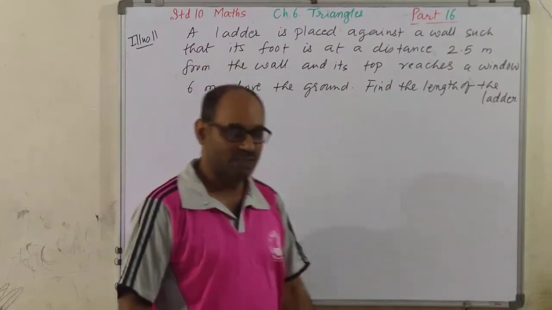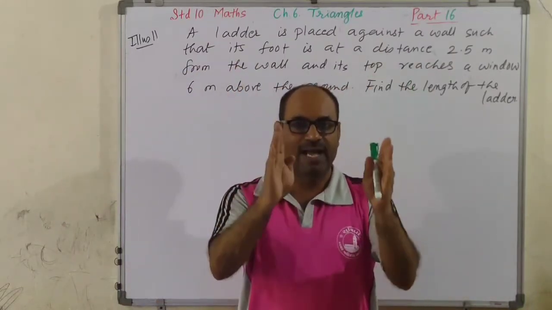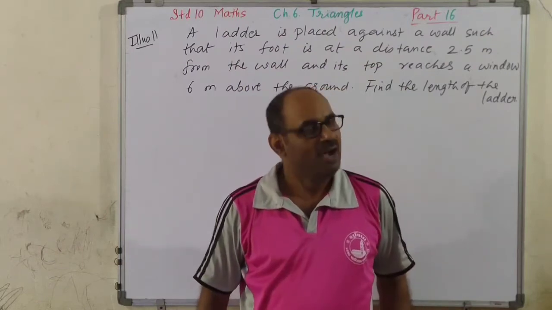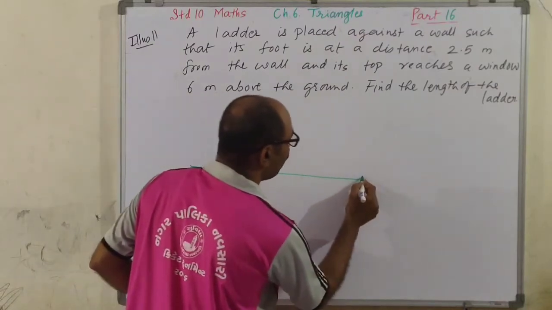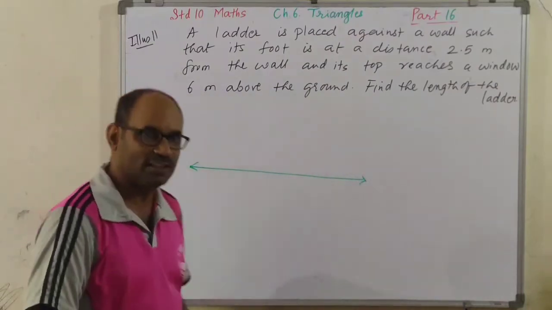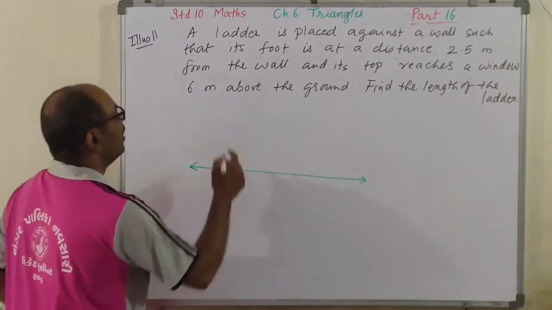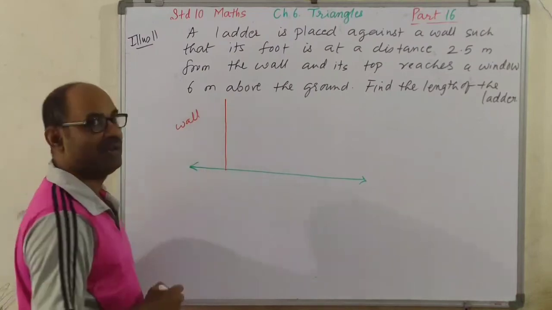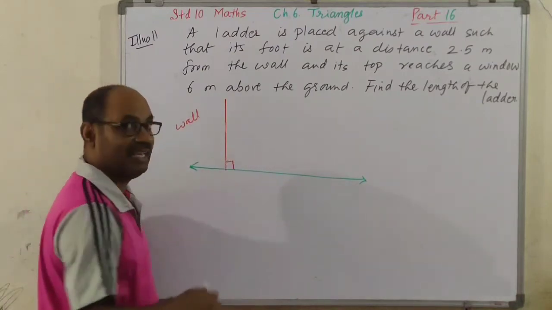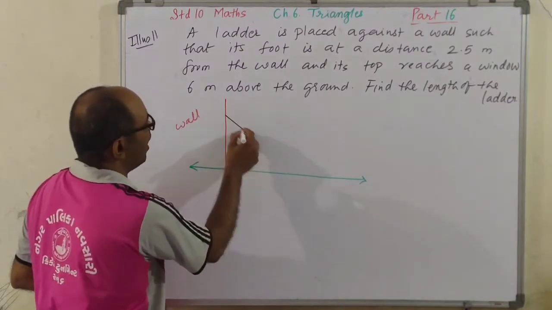Find the length of the ladder. This whole statement has to be put in a diagram form. All right, now see, this is the floor. I drew a horizontal line which represents the floor, here I represent the wall which stands erect, and here is the ladder.